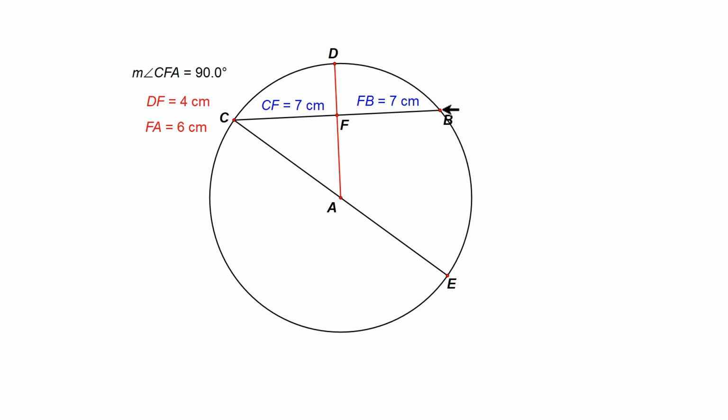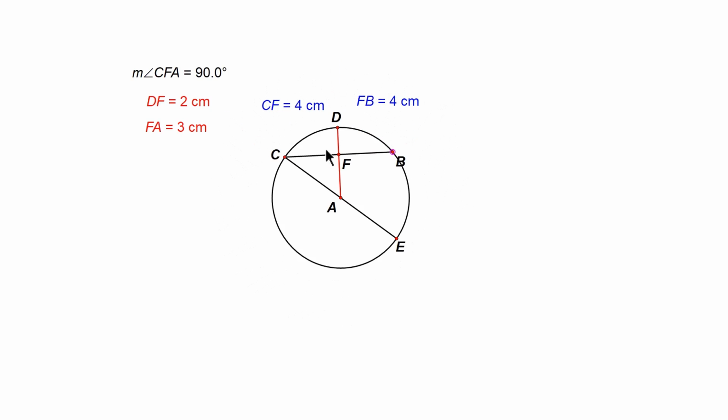And no matter how big the circle is, if this is 90 degrees, that radius will split the side to side pieces of that chord. That gets split in half, but not this one. And even though that's what we got on the problem we just did, you can't assume that's going to be true all the time. You would still have to do it the way we did it with the Pythagorean theorem.